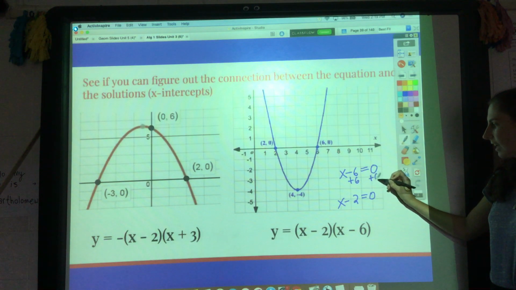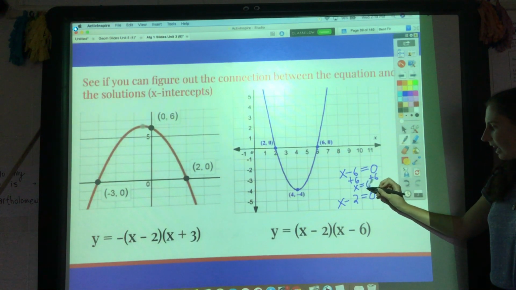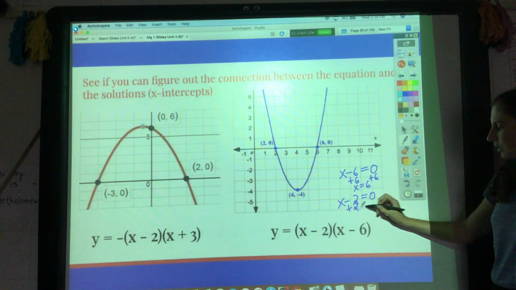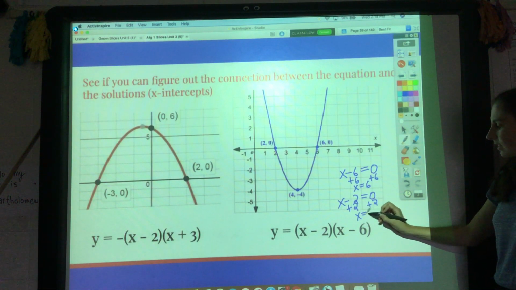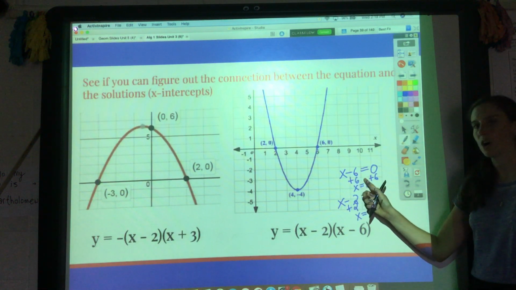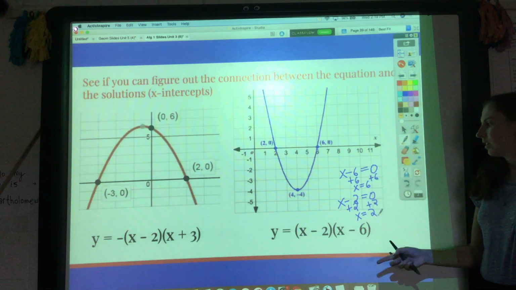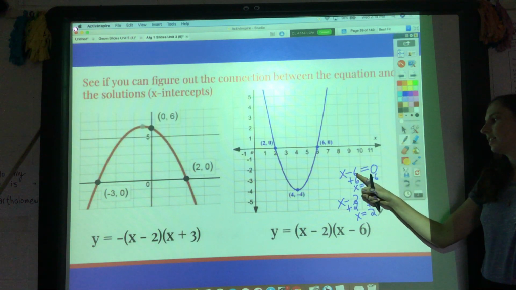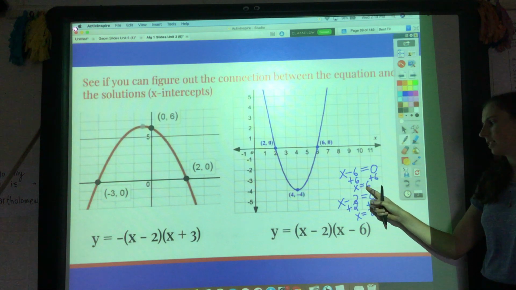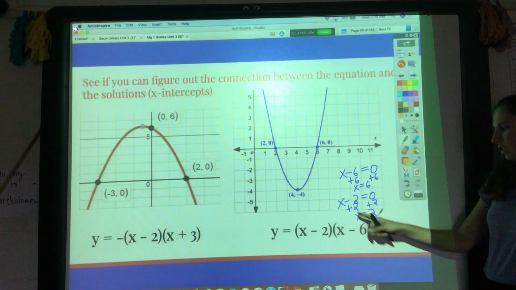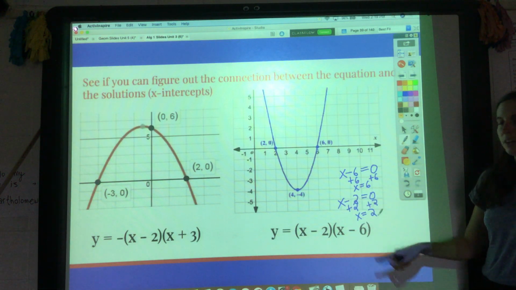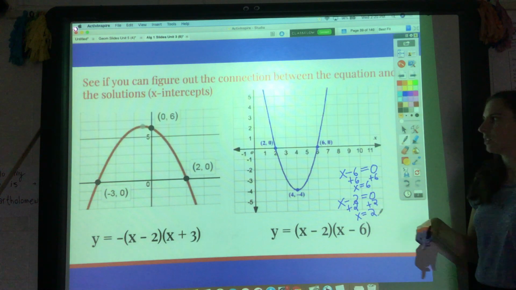Just add 6 to both sides, and x is 6. In this case, add 2 to both sides, and x is 2. You see how when you solve it, it kind of flips the sign? I started out with x minus 6, which is going to give me positive 6 when I solve it. I started out with x minus 2, which is going to give me positive 2 when I solve it.